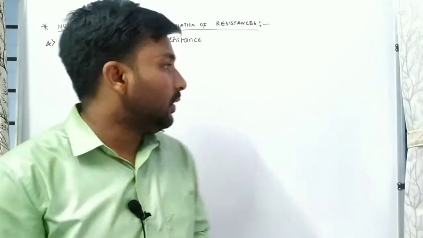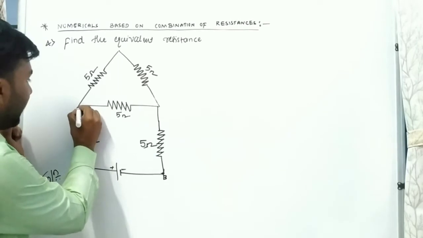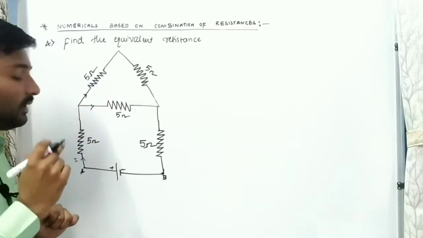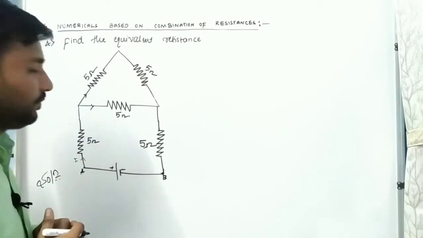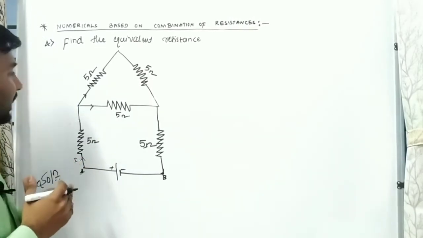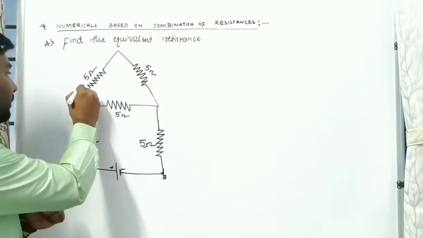Now it has two paths. It has two paths to flow. Now let's suppose that the current I is divided here.